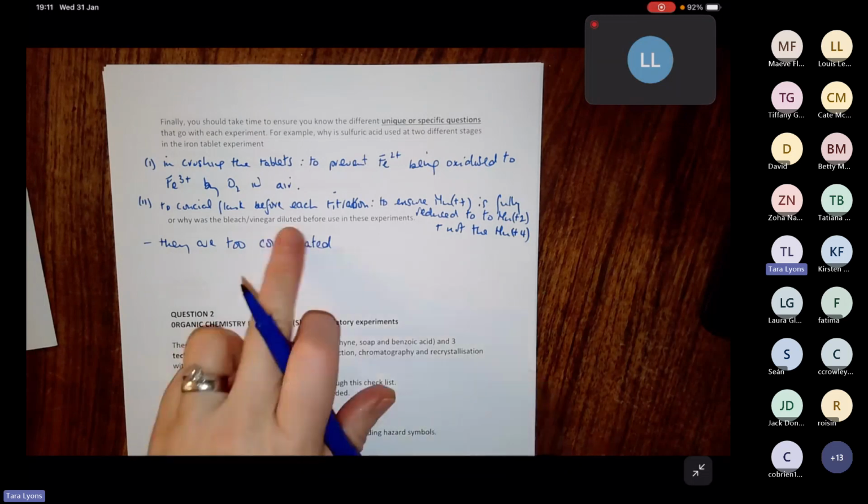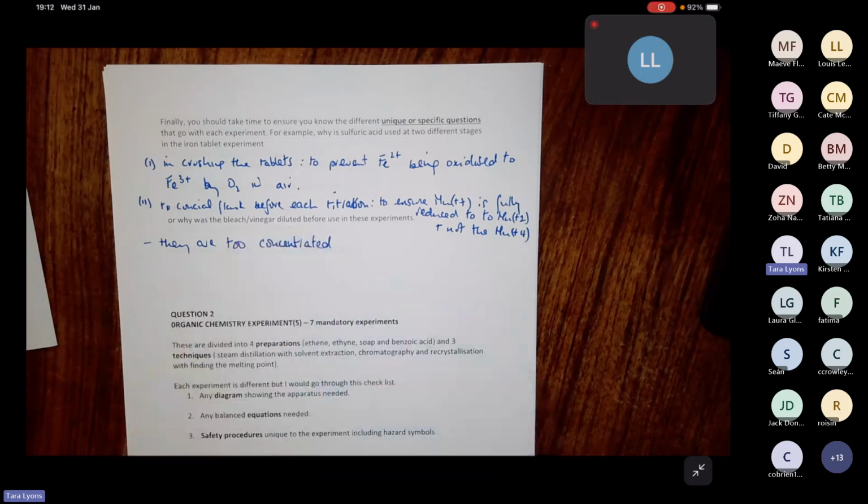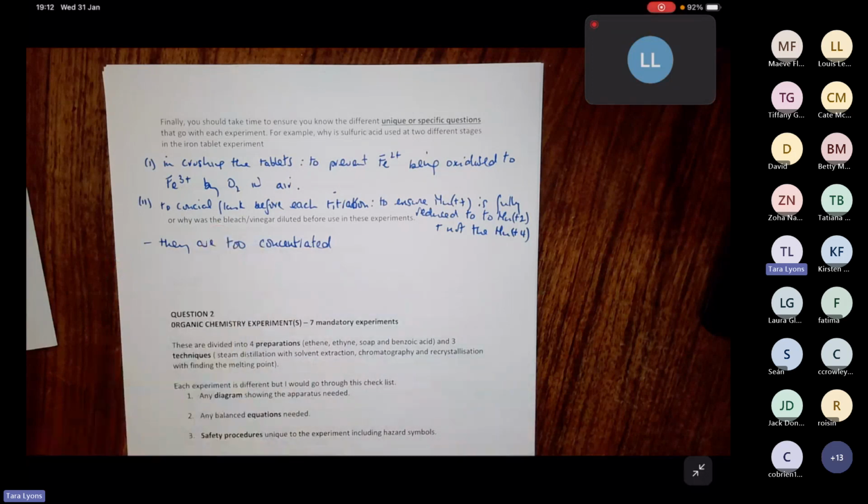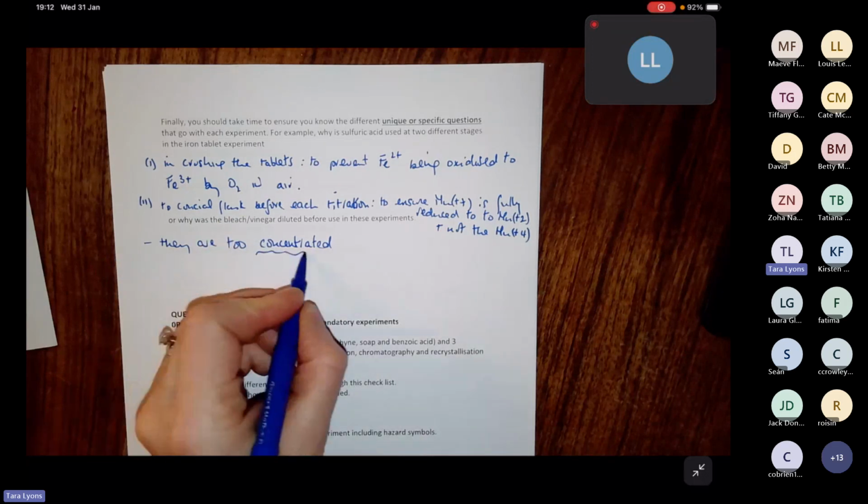Strong, in terms of, we'll say, vinegar. Vinegar contains ethanoic acid, and it's not a strong acid, it's a weak acid. So if you say it's too strong, well, you're initially telling something that is not true, because vinegar is weak. Bleach isn't even an acid, so it can't be strong or weak. So we need to have the right vocabulary.